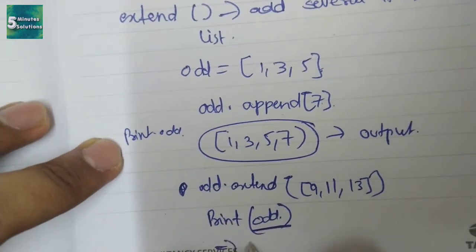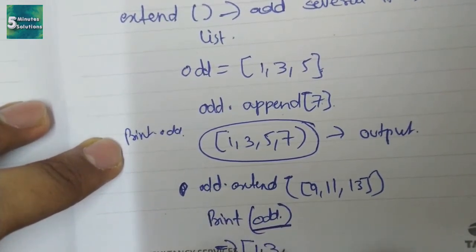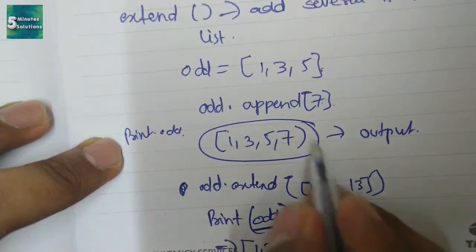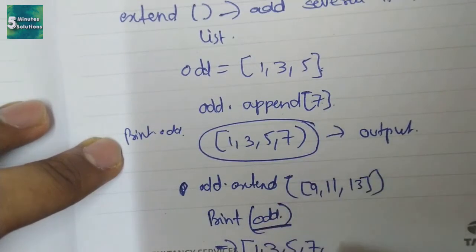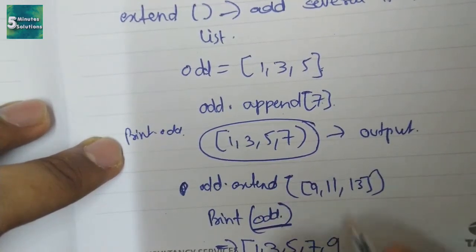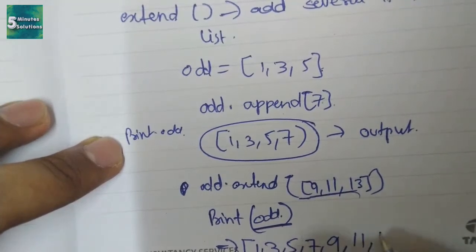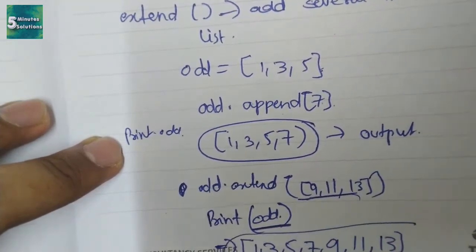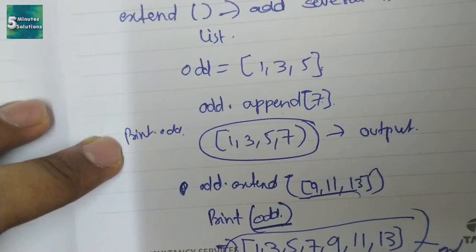It will give you the answer 1, 3, 5, 7 because it is already appended, then it will continue with the numbers 9, 11 and 13. This will be the output if you use the extend function.